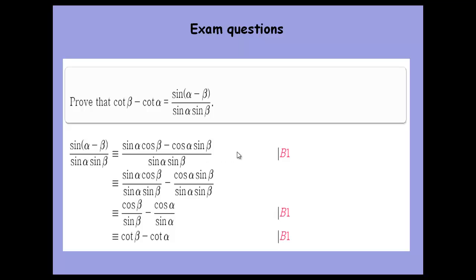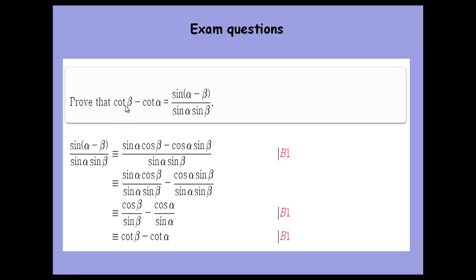Okay, that's what you should have got. The first step is to expand out where you see the need for the addition formula, like I suggested before. So we use the second sine one, the sine A cos B minus cos A sine B one. In this case we've got alpha and beta for our A and B. Once you've done that, you can split these two fractions, and you can see here that the sine alphas will cancel, the sine betas will cancel, like so.